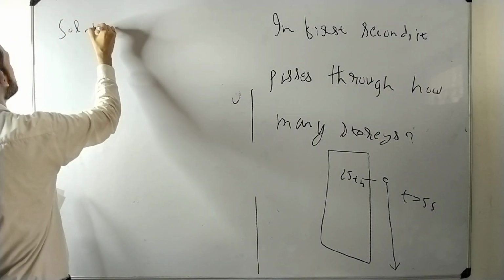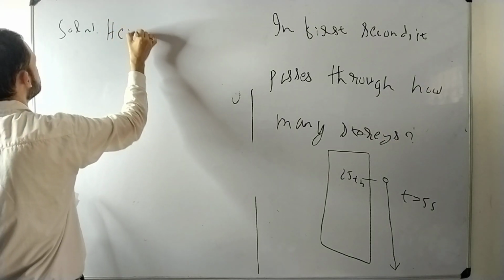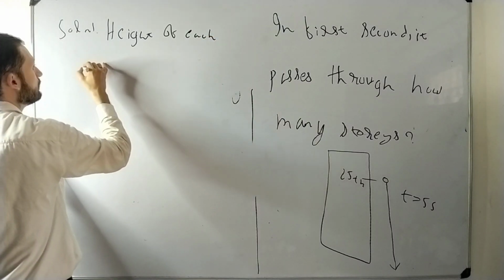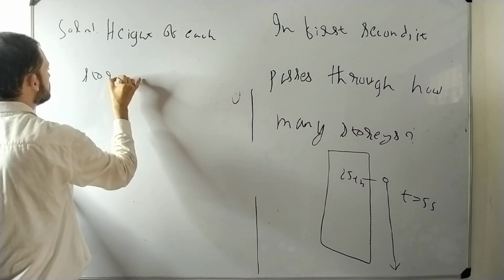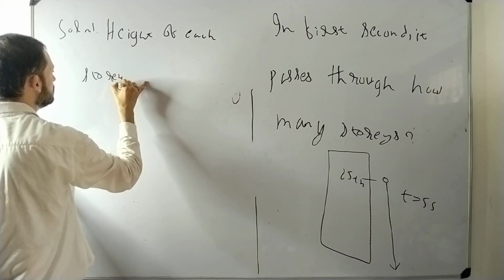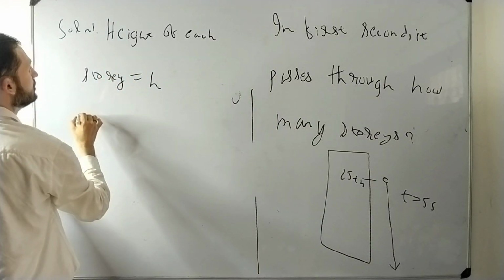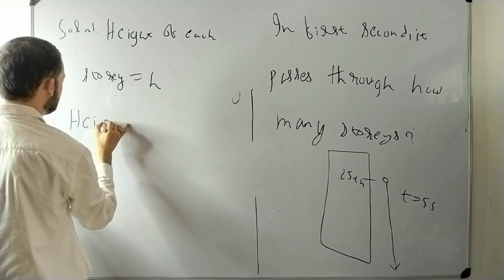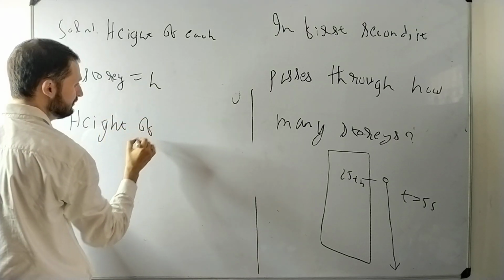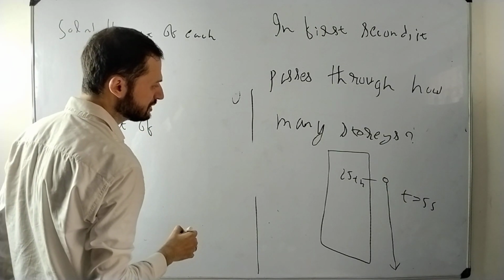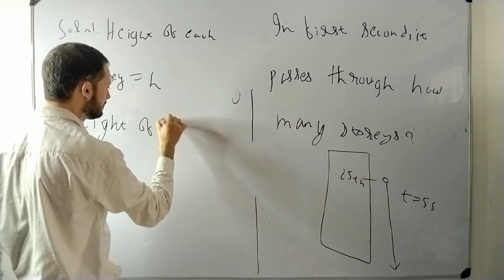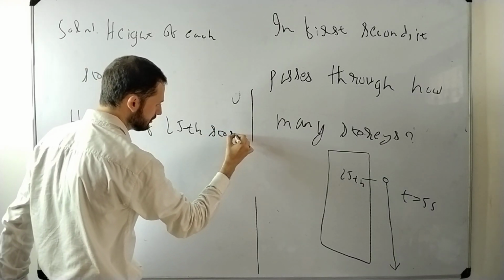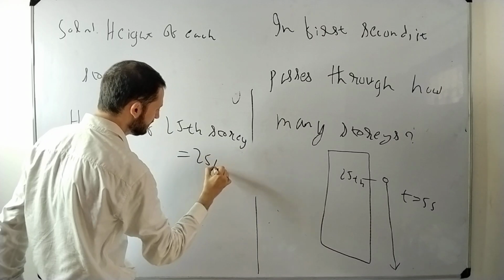Solution: height of each story is h, then height of the 25th story is 25h.